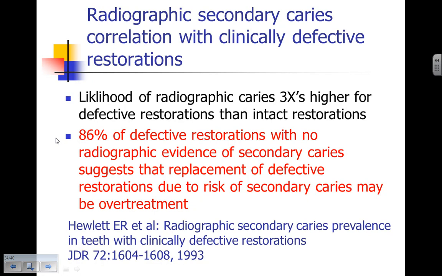So 86% of these restorations that were defective, you couldn't look at a radiograph and make a decision that there was secondary caries. It suggests that replacement of defective restorations because we're suspecting secondary caries may be over-treatment.